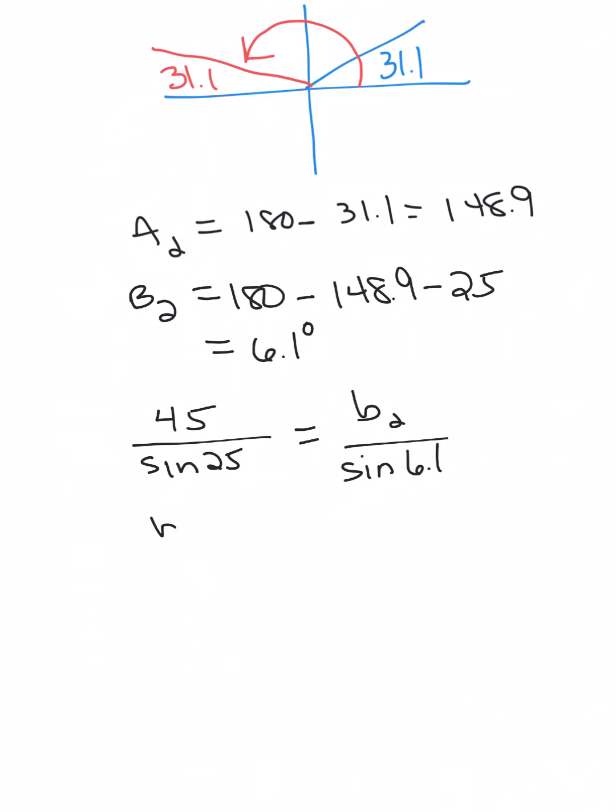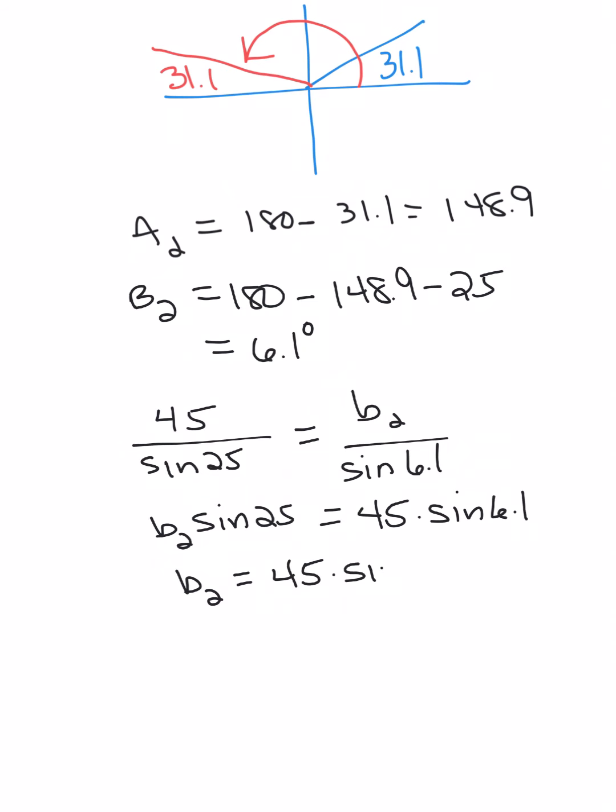Cross multiply, you're going to have B2 times the sine of 25 equals 45 times the sine of 6.1. Divide, so you get B2 equals 45 times the sine of 6.1 divided by the sine of 25. So the second side B is 11.3.